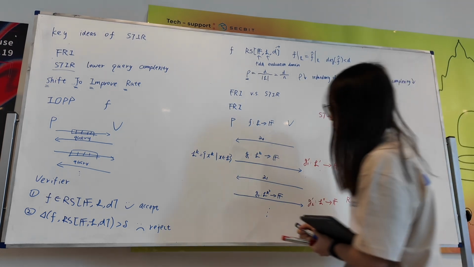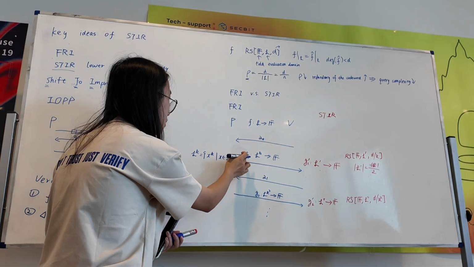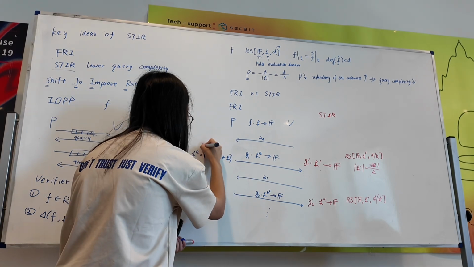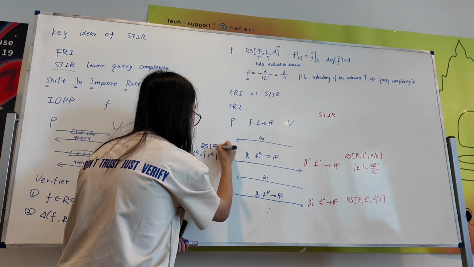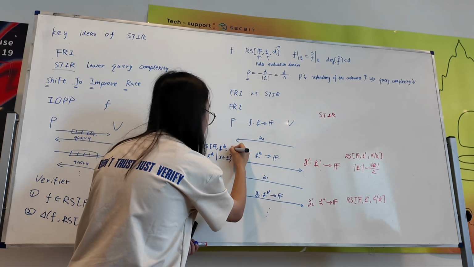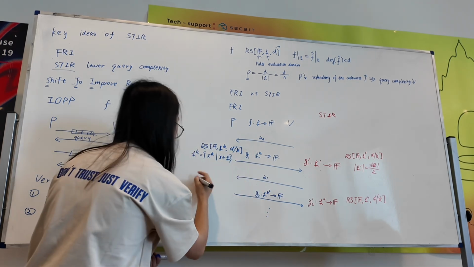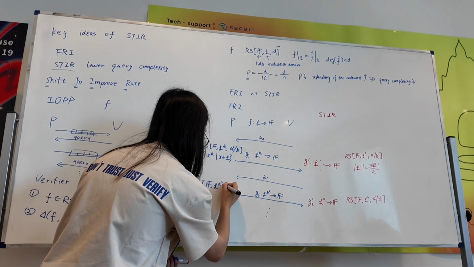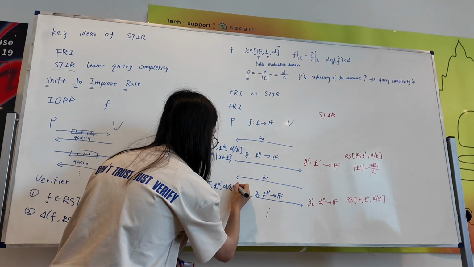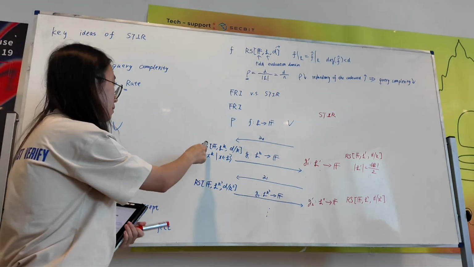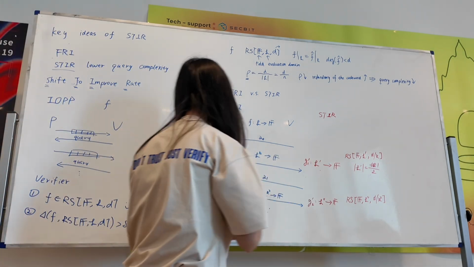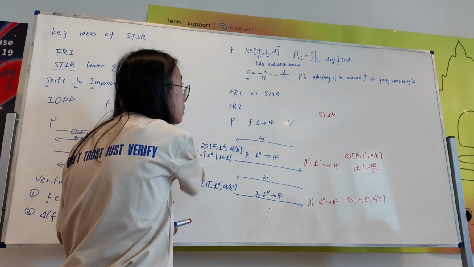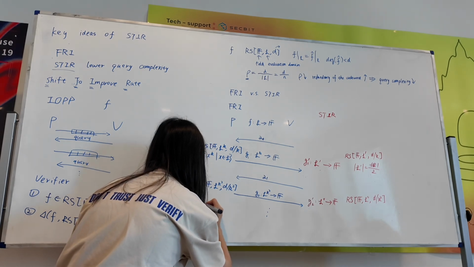But in FRI, the verifier will check that g1 is a code word from RS[F, L^k, d over k], and g2 is RS[F, L^(k squared), d over k squared]. So we can compute FRI's rate. Let's do some computation.